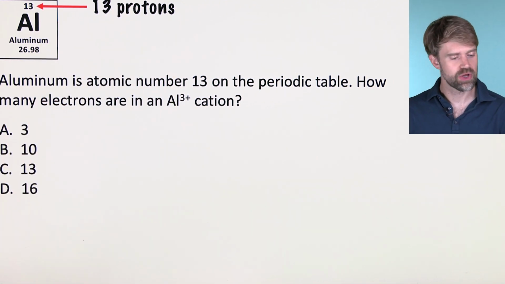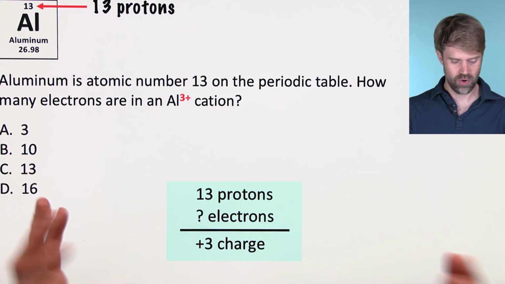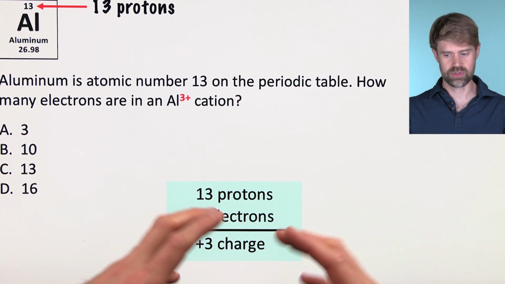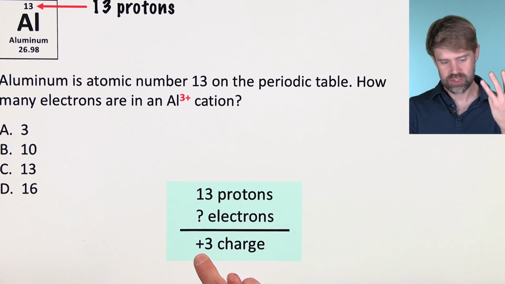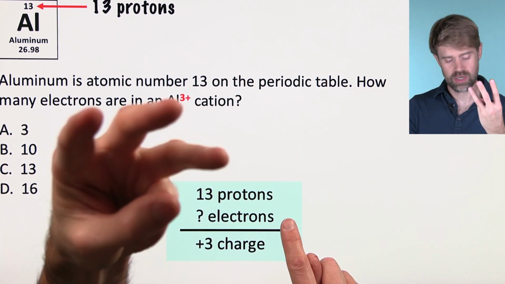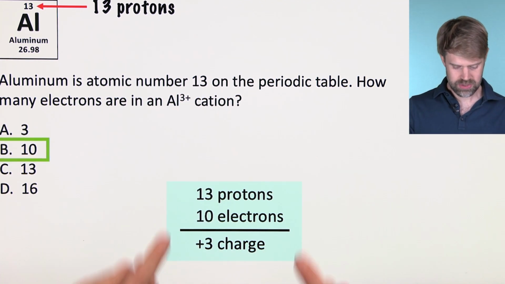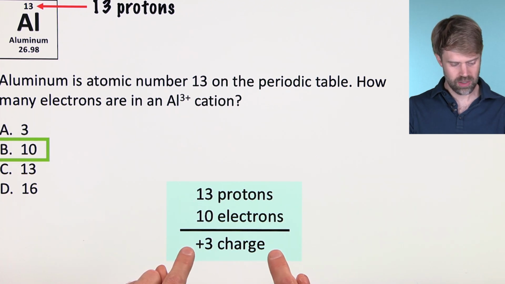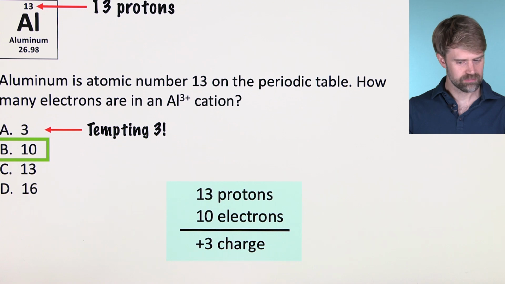Aluminum always has 13 protons. So how many electrons does it have? Well, we know that it has 13 protons. If it were neutral, it would have 13 electrons. But it has a +3 charge, so it needs to have 3 positive protons that are not balanced out by electrons. So it'll have 10 electrons, 13 protons for a +3 charge, and that is choice B.